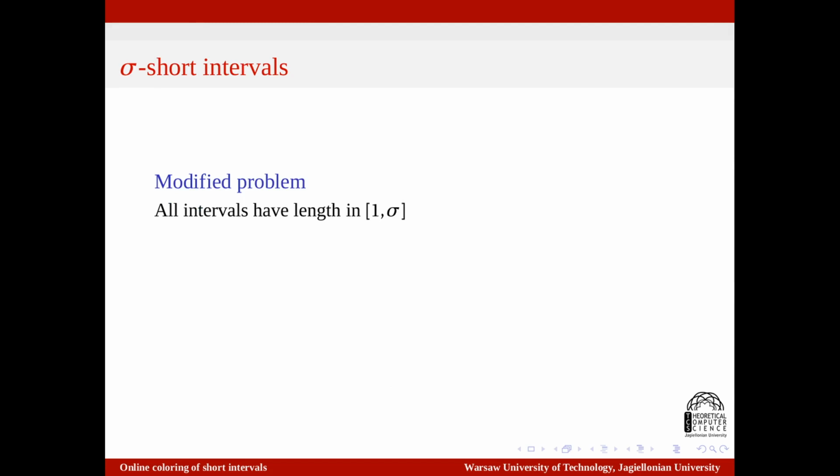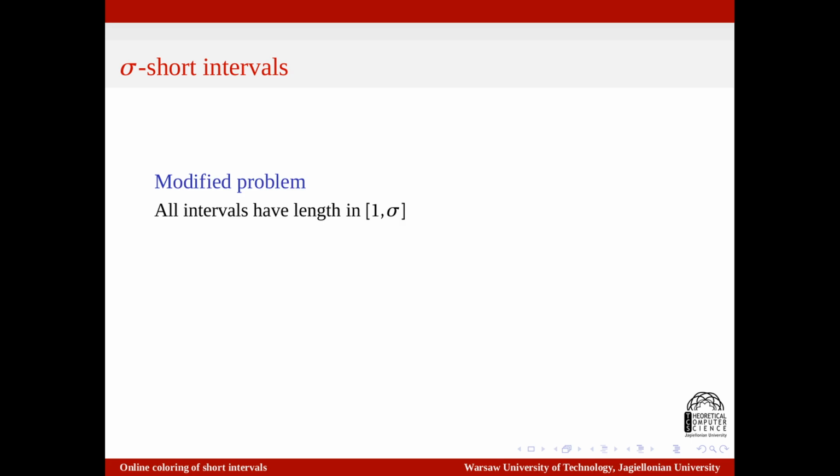Okay, so at this point I can introduce our main problem. We modified the online interval coloring problem so that all intervals have length between 1 and sigma, where sigma is a parameter of the problem. And it's quite funny that this problem was not studied before. There are some papers on such representations, but there are no papers on online coloring of such sets of intervals.